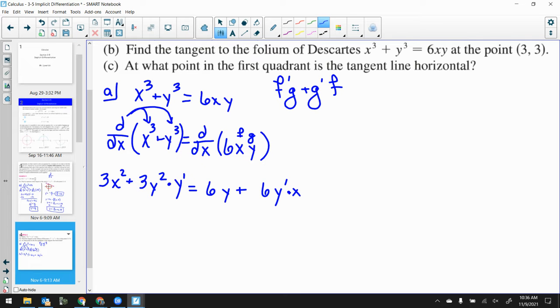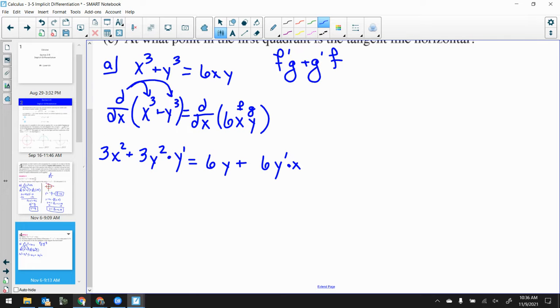Okay, so now what we have to do is solve for y prime. I've differentiated both sides of the equation. Now I solve for y prime. What does that mean? That means I get all the y primes to the left side and everything else to the other. For example, I need to subtract the 3x squared over to the other side, but leave 3y squared y prime on the left side.